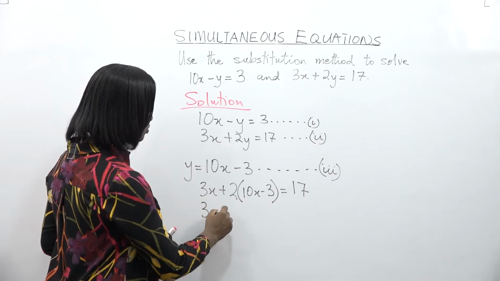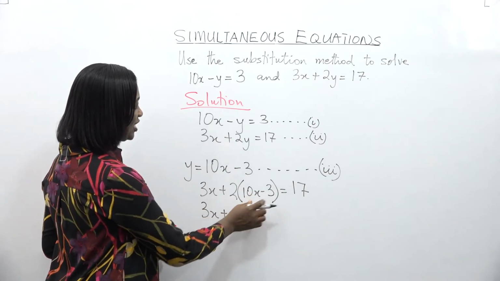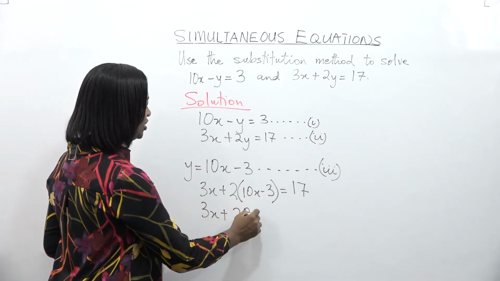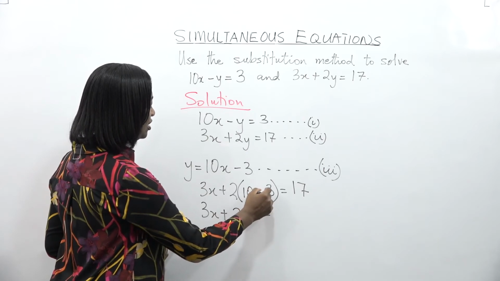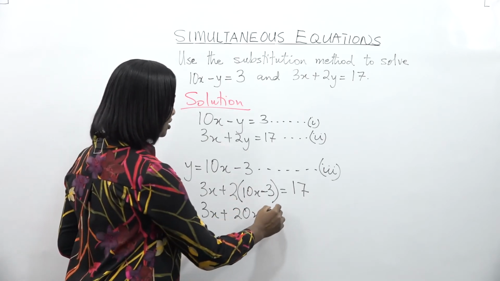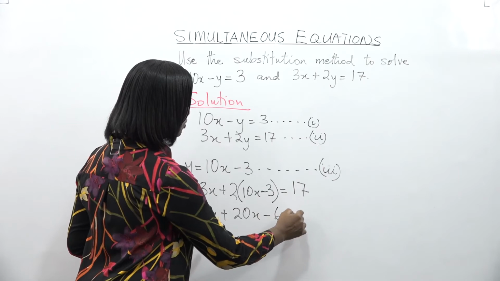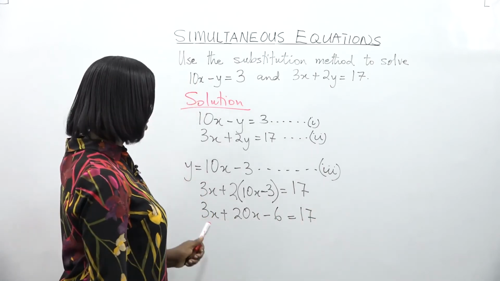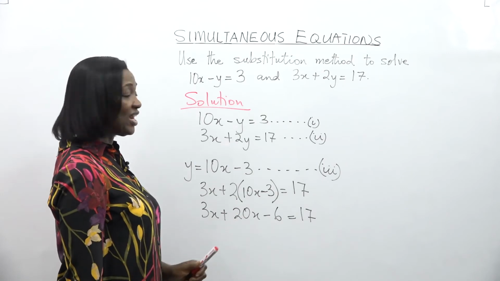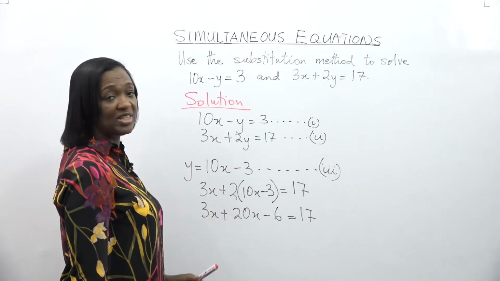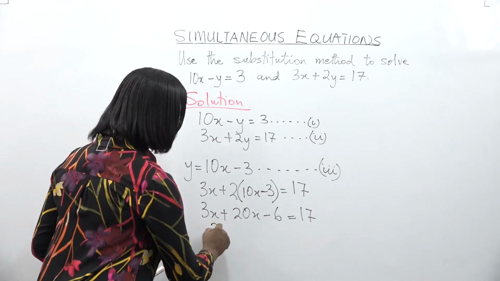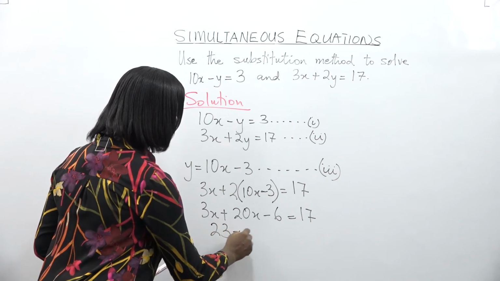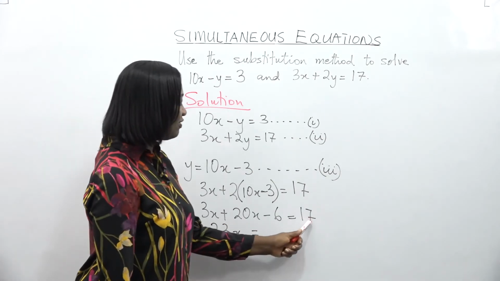We have 3x plus 2 times 10x is 20x minus 2 times 3 is 6 is equal to 17. We collect like terms. 3x and 20x are like terms. So 3x plus 20x gives us 23x is equal to 17.